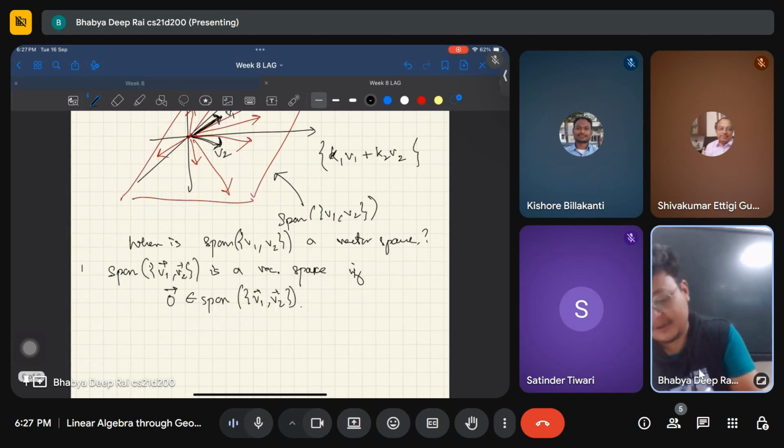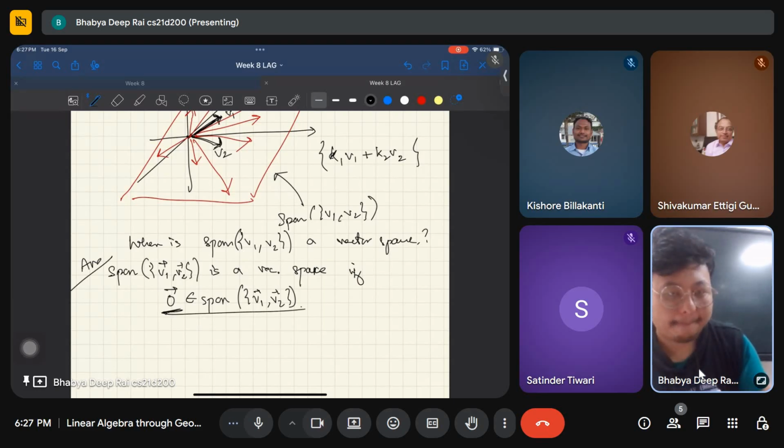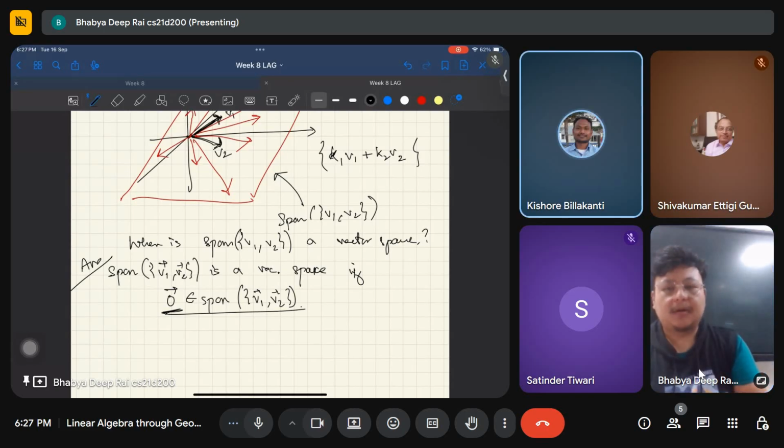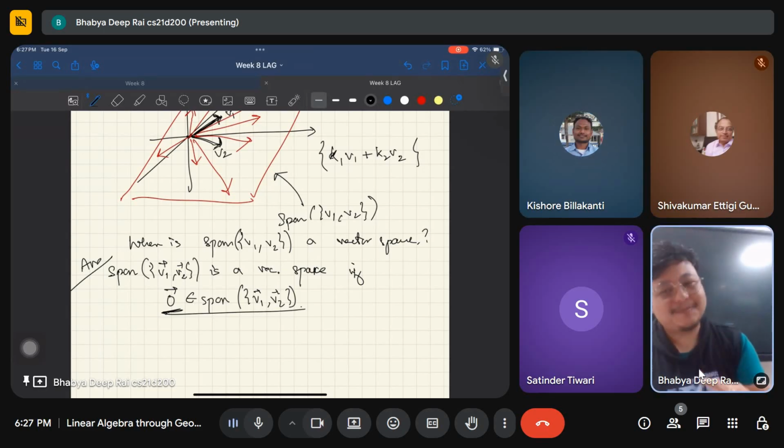I hope you are convinced of this answer, because this represents the additive identity. Now, is a vector space and the span of vectors the same, or are they different? Good question. Will every span always be a vector space?